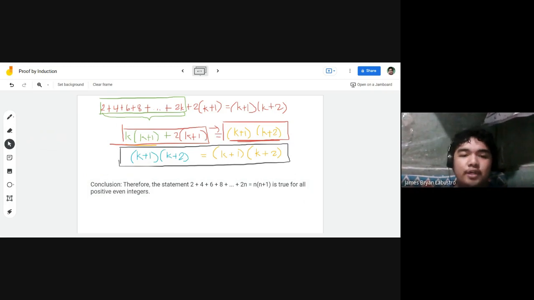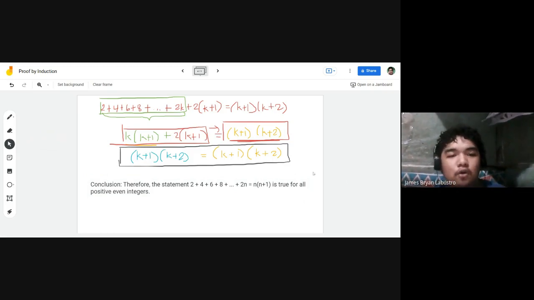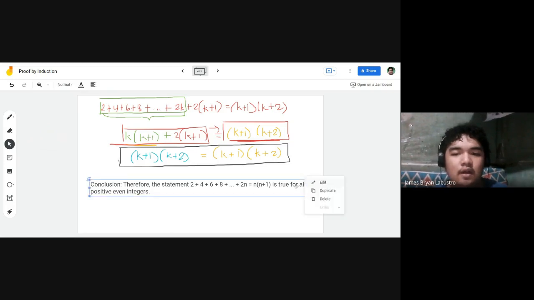So, therefore, the statement 2 plus 4 plus 6 plus 8 plus 2n is equal to n times n plus 1 is true for all positive even, or pwede, it's true for all values of, or pwede na yung positive even, or for all even integers n.